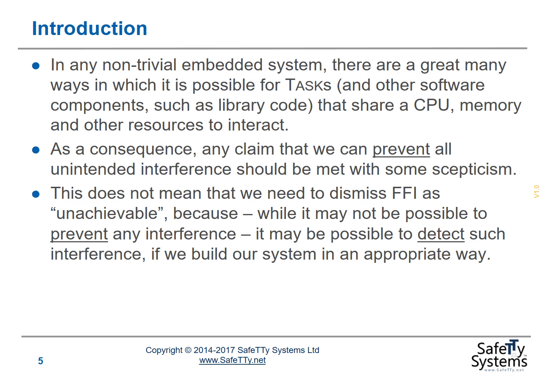This doesn't mean that we need to dismiss a goal of freedom from interference in our system as unachievable, because that's not necessarily the case. It may not be possible to prevent any possible interference between tasks, but it may be possible to detect such interference if we build our system in an appropriate way.